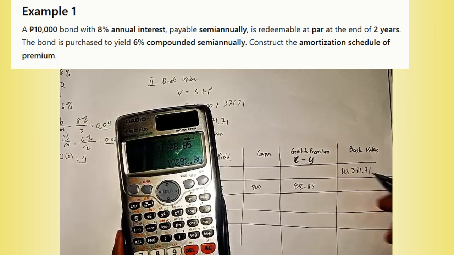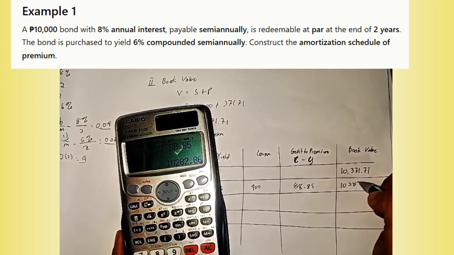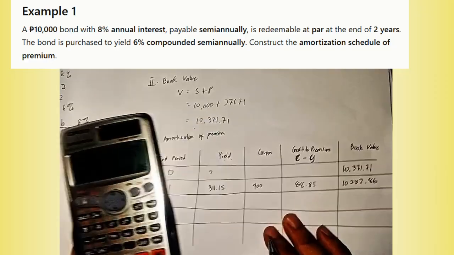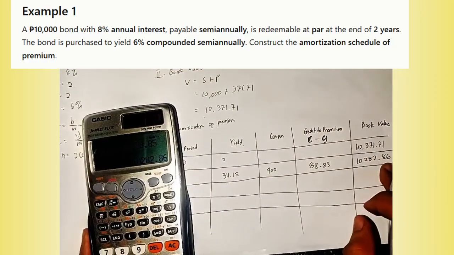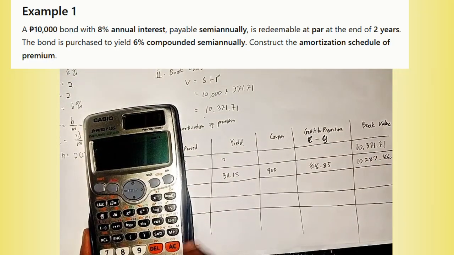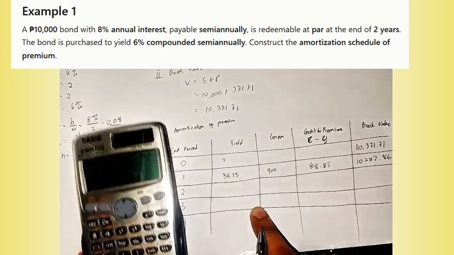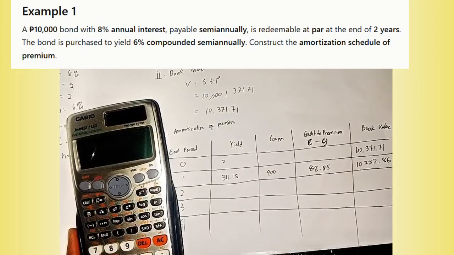This is 10,282.86. Same process: book value times I, 10,282.86 times 0.03.